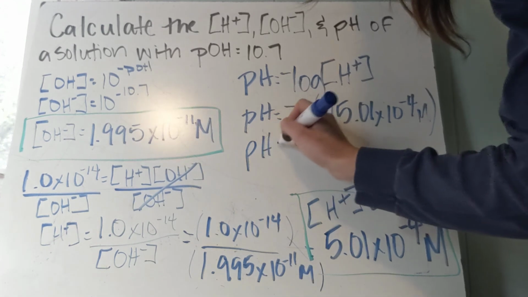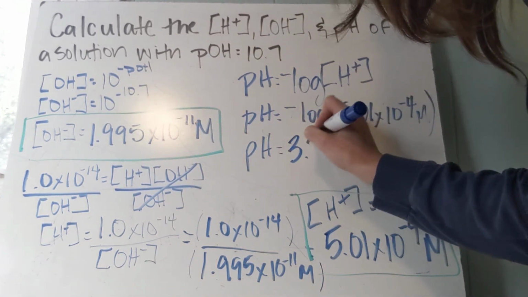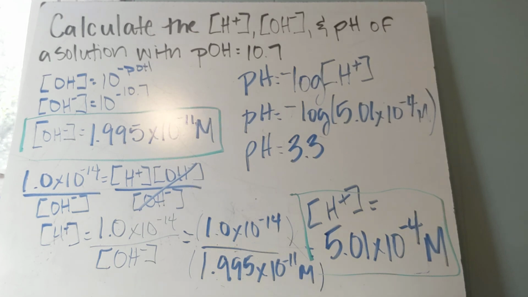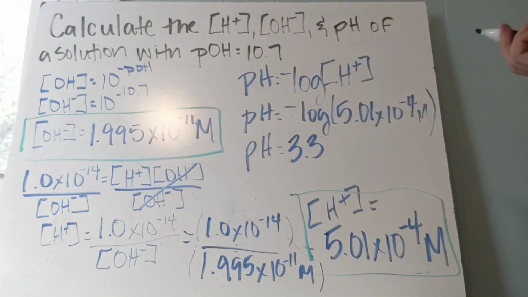So if pH is equal to the negative log of 5.01 times 10 to the negative fourth, then the pH should be 3.3. And you could double check that answer by subtracting from 14, which would give you 10.7.